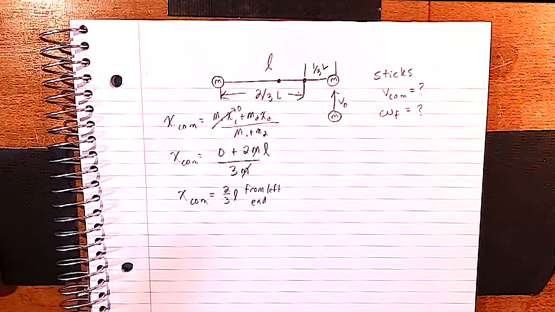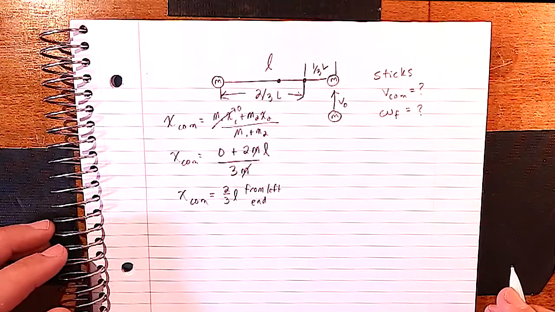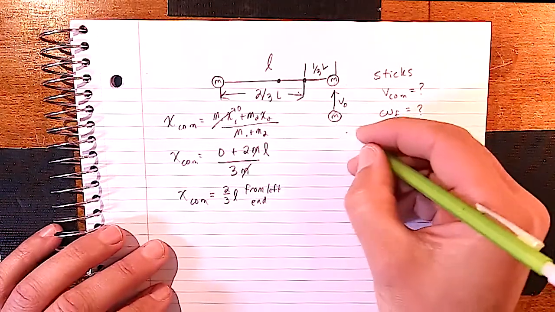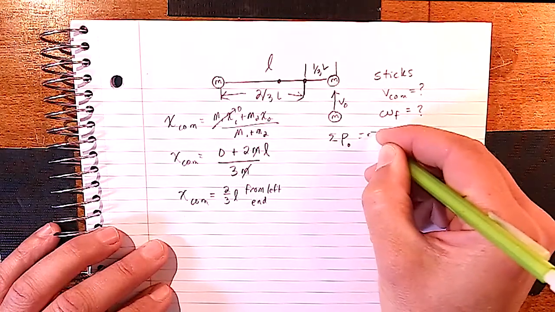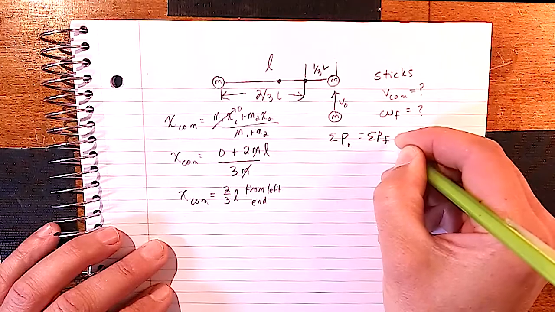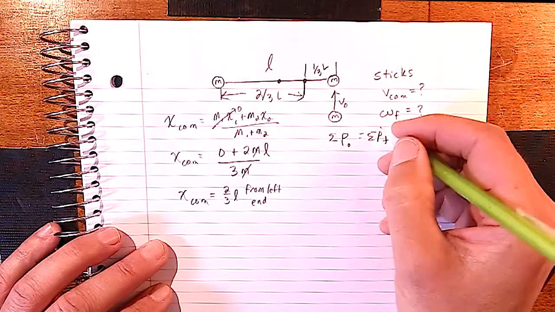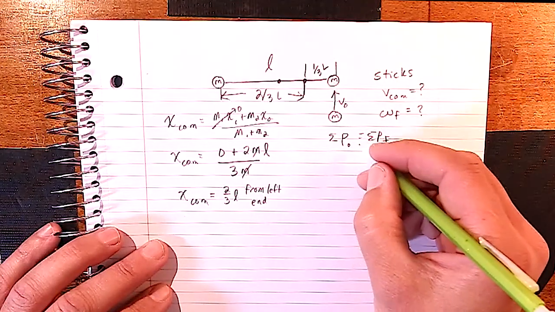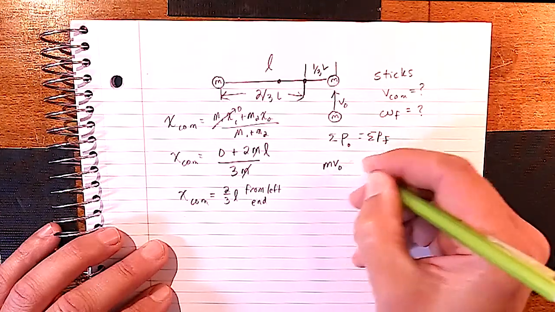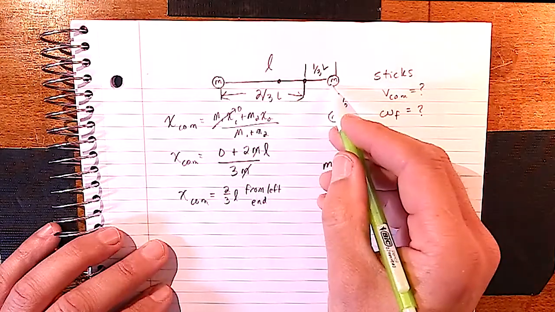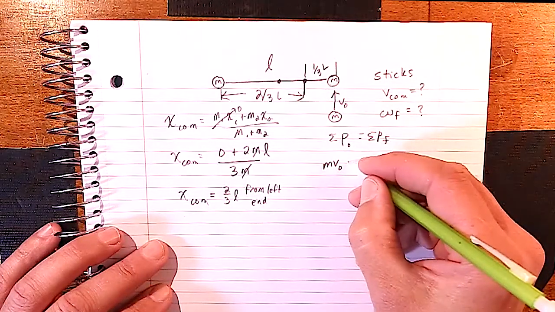Okay, conservation of linear momentum isn't so bad. We can just do sum of the momentum initial equals sum of the momentum final. And we're going to do that for the ball and the rod. So the ball is mv naught, and then these two masses are stationary, so those don't matter.